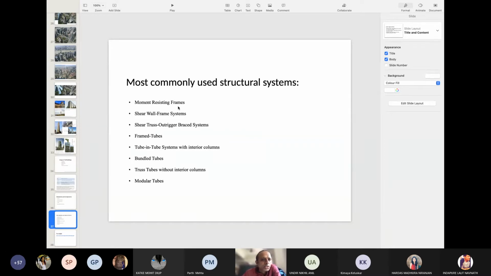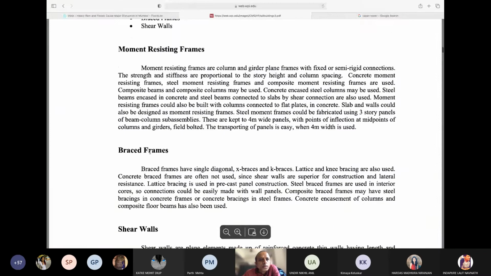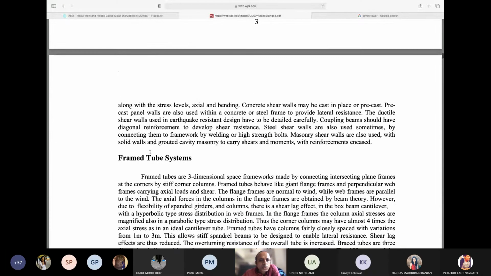You have moment resisting frames, shear wall frame systems, shear truss outrigger based systems, frame tubes, tube in tube systems with interior columns, bundle tube systems, truss tubes with interior columns, and modular tubes, right? I won't get into this right away.